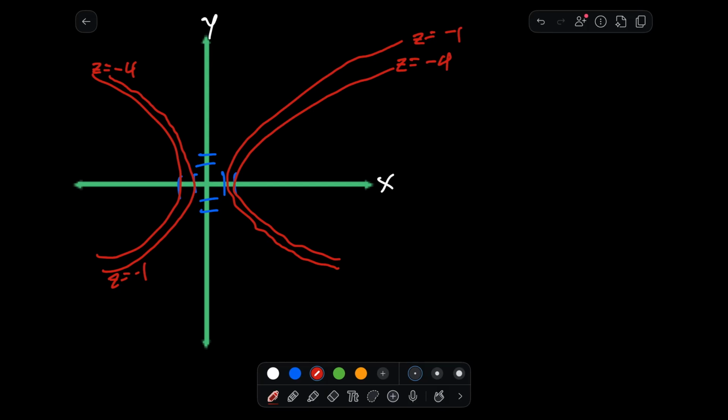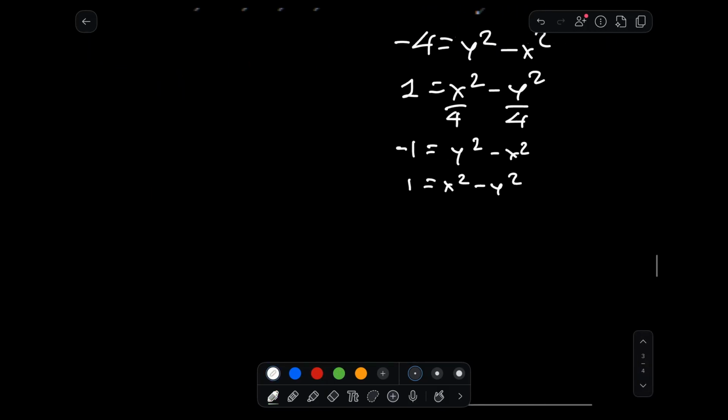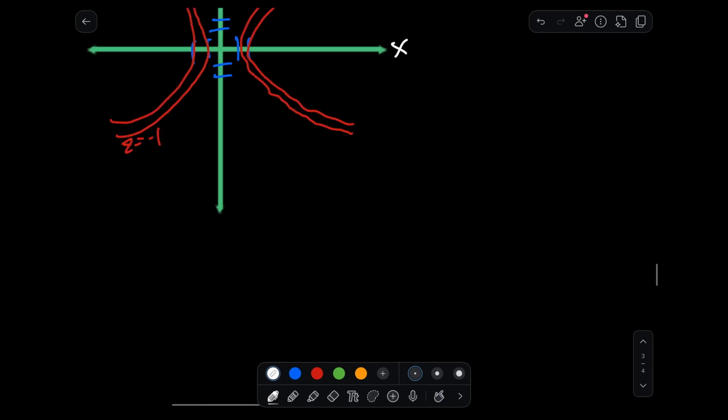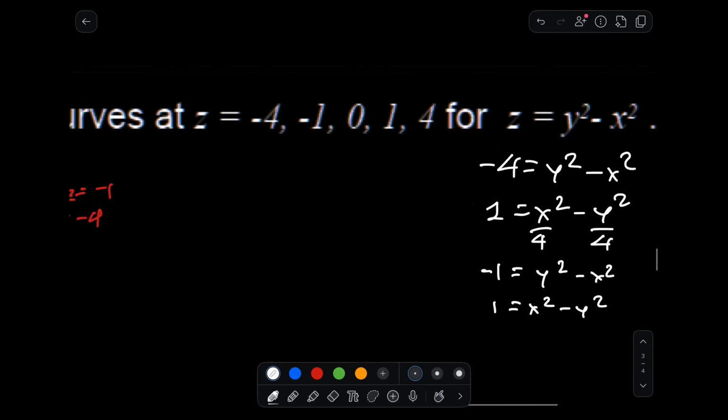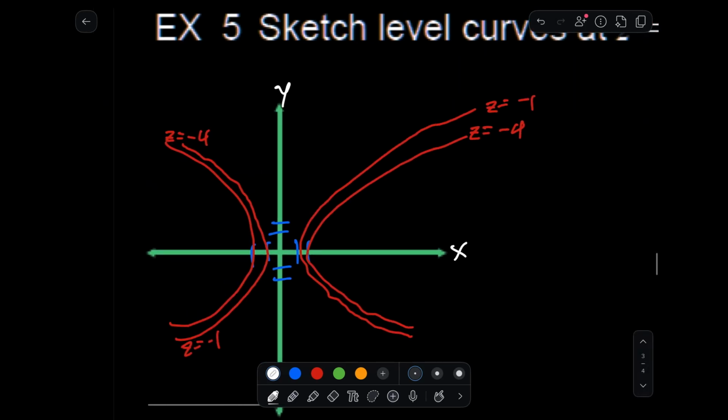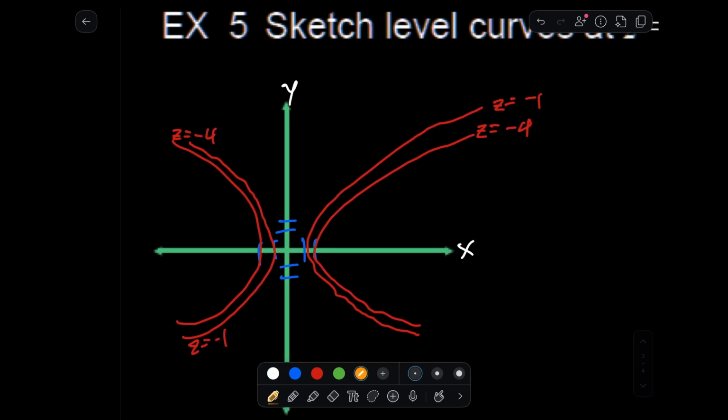Then I'm going to use green instead to show the positive values. 0 just gives us a point at 0, 0, right? Actually, it would give us a transversal like this. Let me use this in orange.